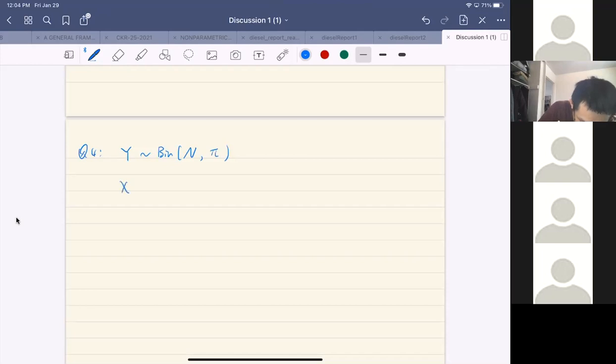And x conditional on y has a binomial distribution with y and p. And only p is unknown. And we have to check whether x or y is sufficient.